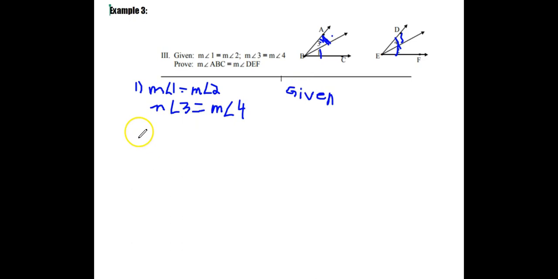Step 2. I'm going to say that my measure of angle ABC is going to equal my measure of angle 1 plus my measure of angle 3.